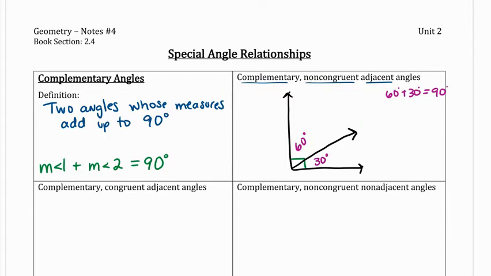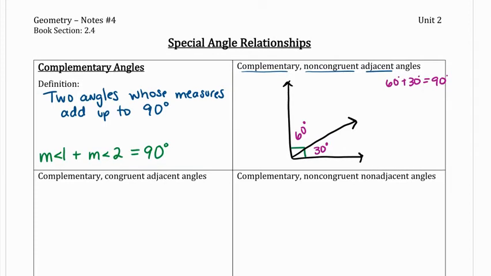Okay, so that's one way you can see complementary angles. We could also have complementary congruent adjacent angles. So this time they are the same. So again, I've got my 90 degree angle here. And we'll put in the box there to make it 90 degrees. But this time I want them to be congruent.